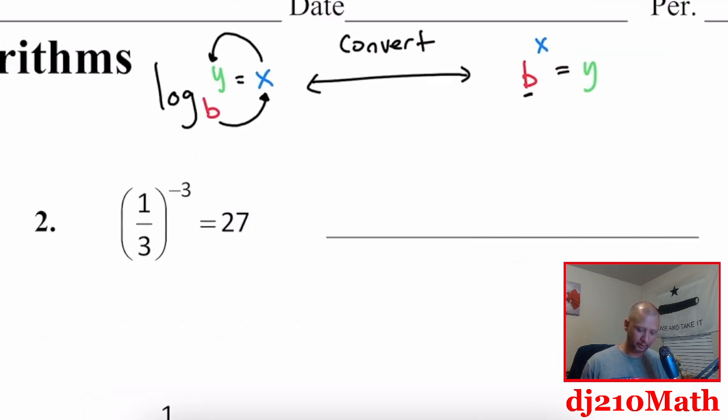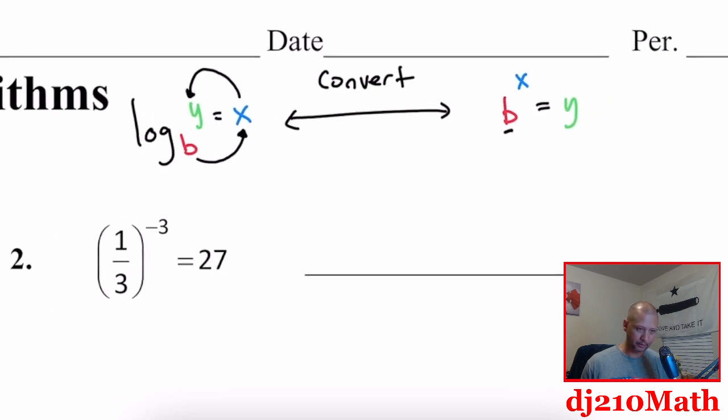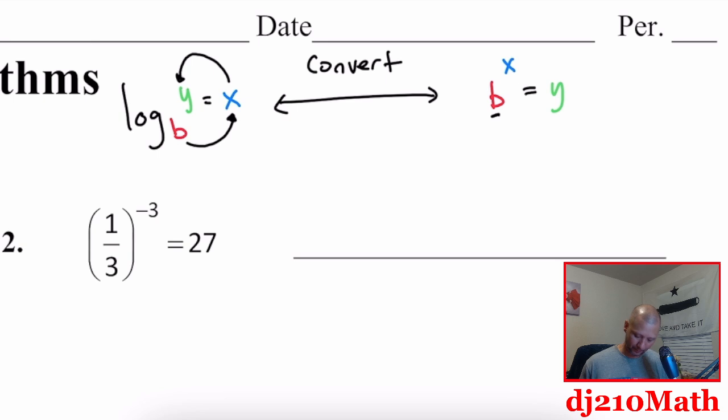Let's try another one, and this one we'll have our little rule in sight. Here we have the base 1/3, the power negative 3. It equals 27. So all we're doing is rearranging the pieces.